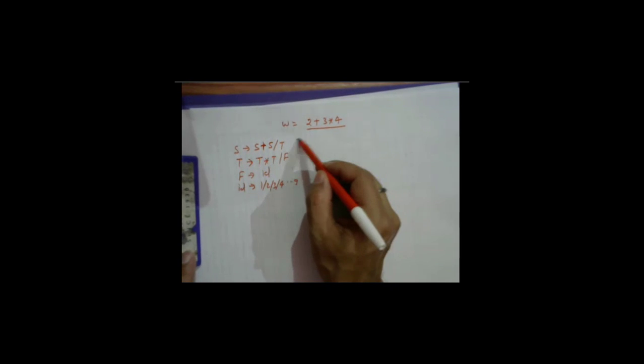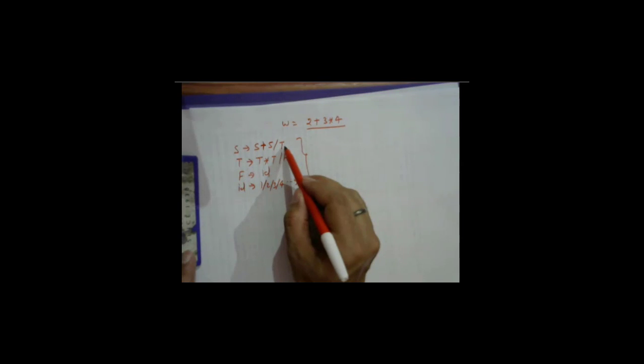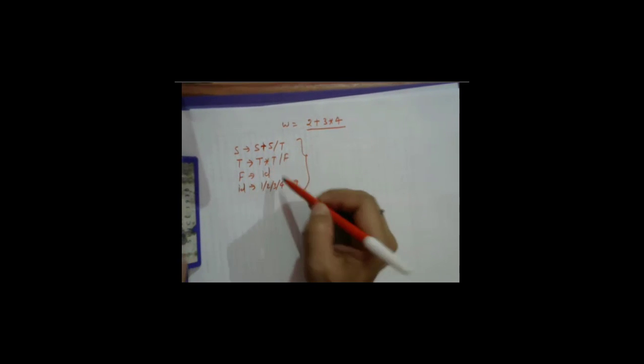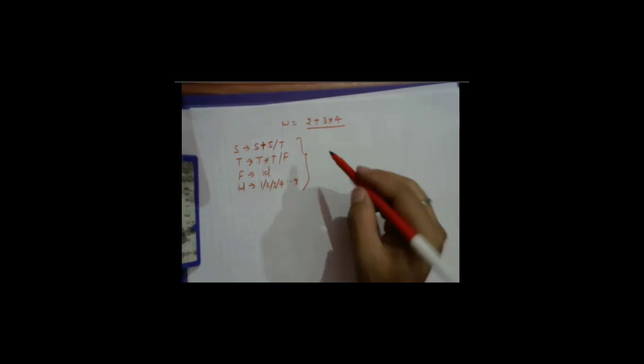This is the given grammar. There are two additional variables, T and F, which we use to reduce the ambiguity.